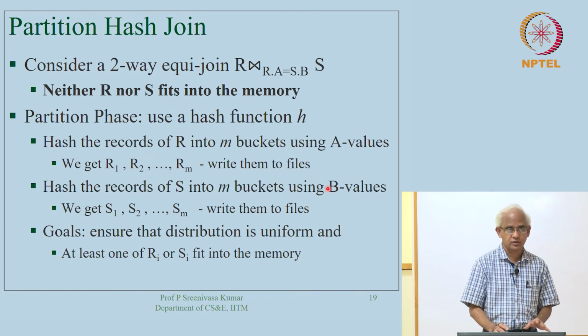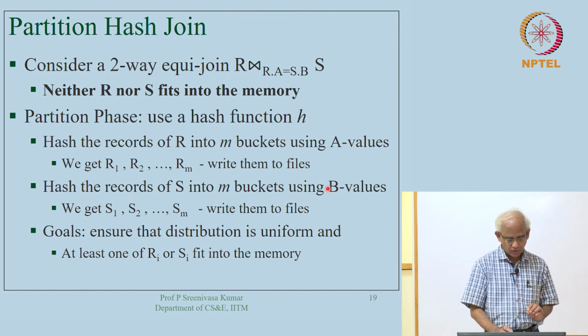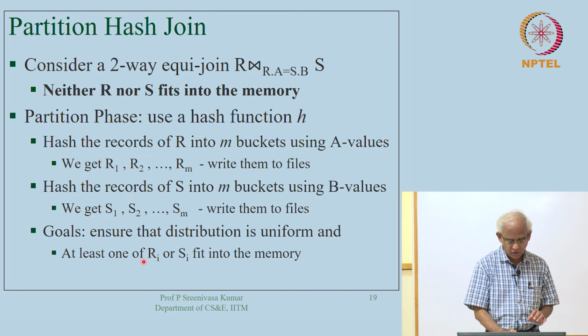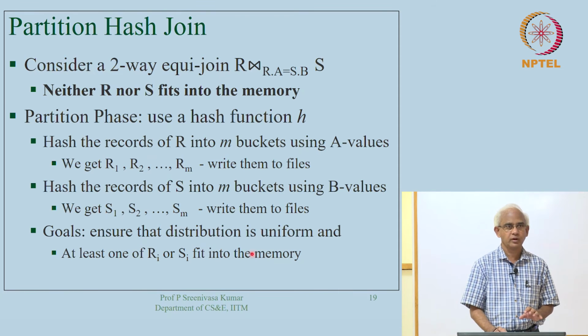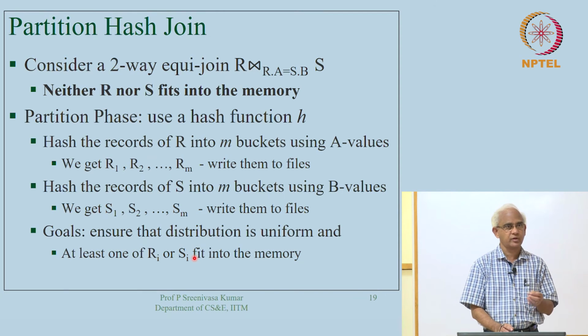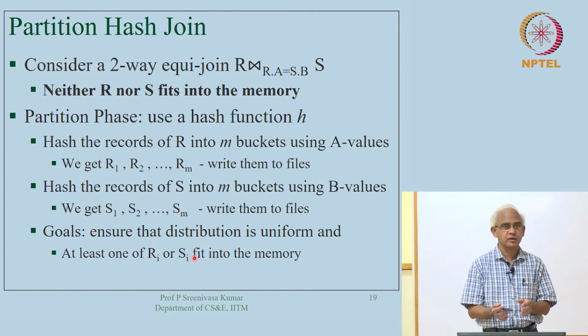And the idea here is to choose the hash function such that the distribution is uniform and at least one of Ri and Si fits into the memory. Now, how do we ensure this? Usually we use hash functions of the mod m kind, so you can increase that value m and that will produce a large number of buckets.